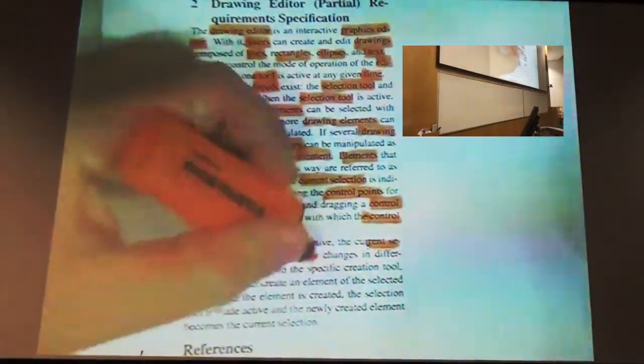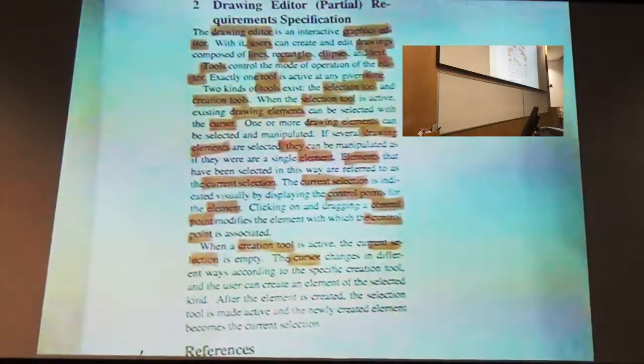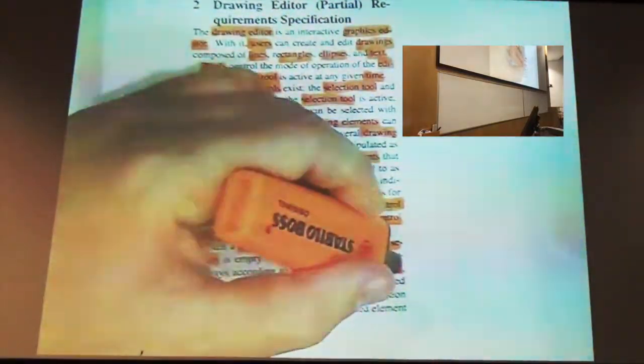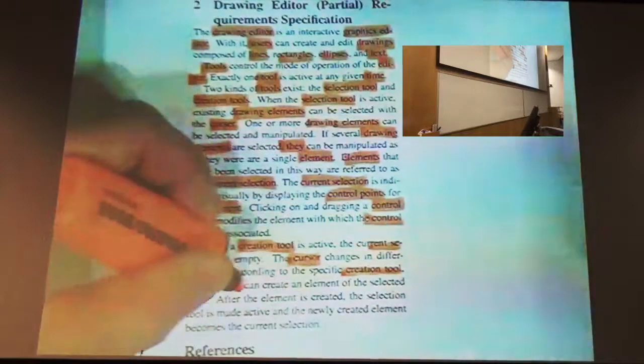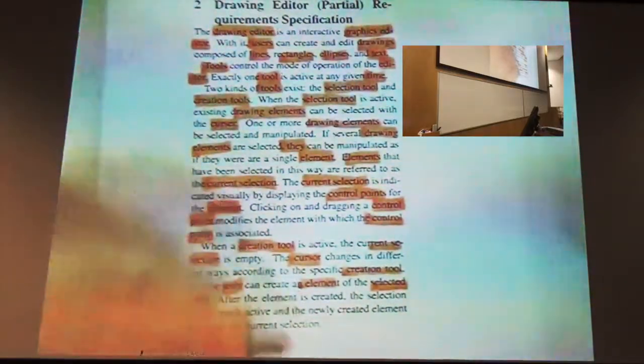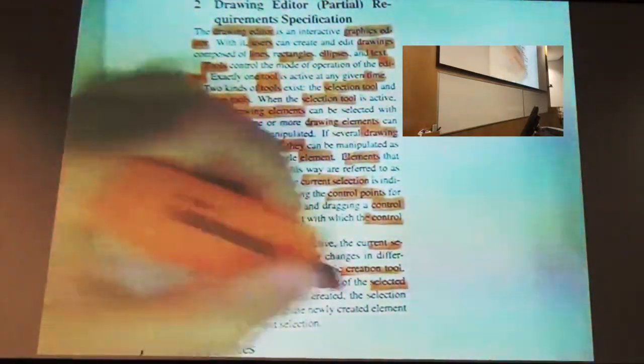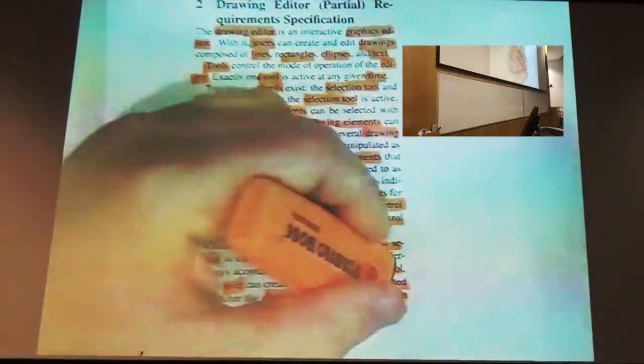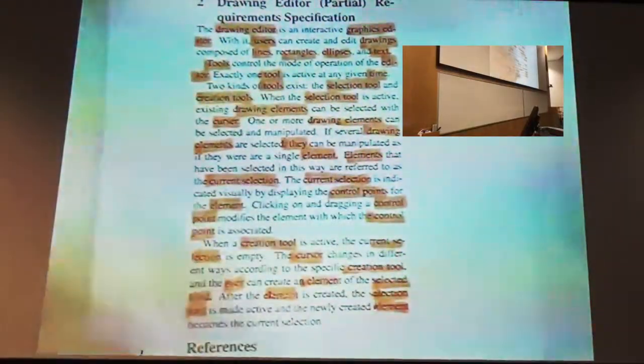The cursor changes in different ways according to the specific creation tool, and the user can create elements of the selected kind. After the element is created, the selection tool is made active and the newly created element becomes the current selection.